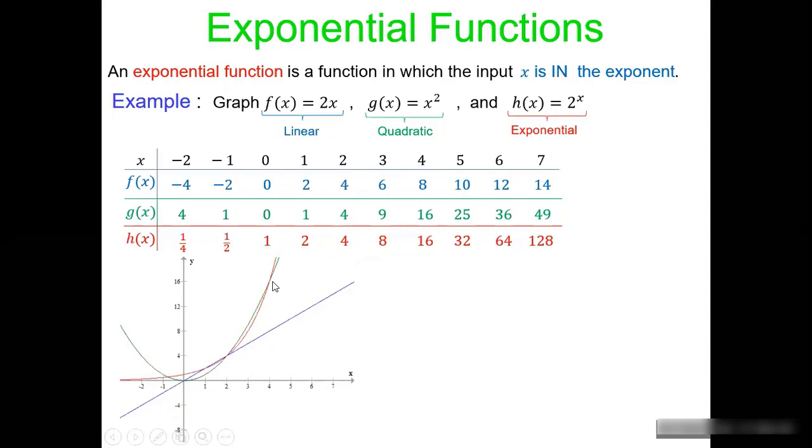But once we get beyond this point, we know that the red exponential graph is going to start becoming much steeper, much faster. So in general, we should recognize that the exponential function is going to increase much faster than the quadratic function once we get beyond a certain point.